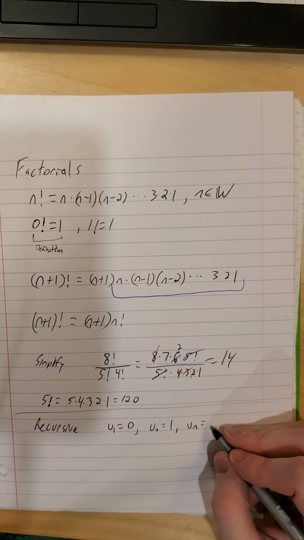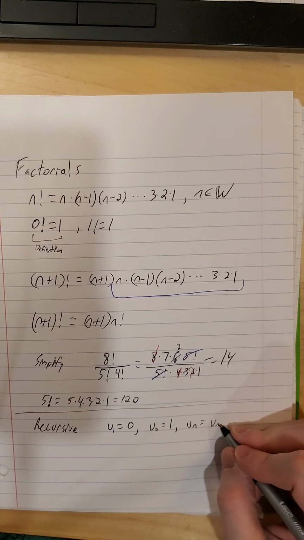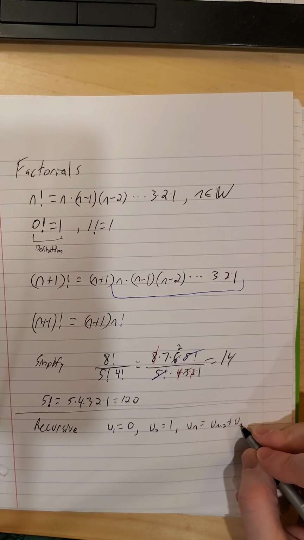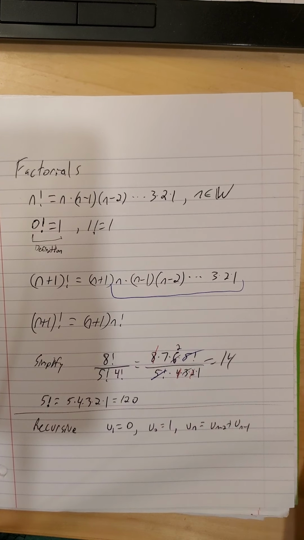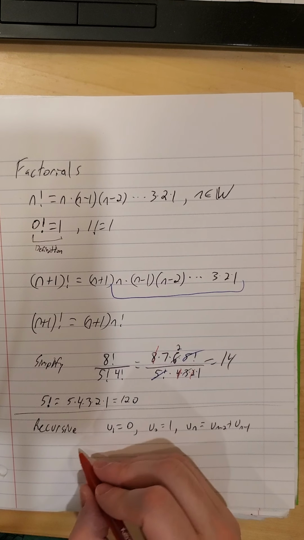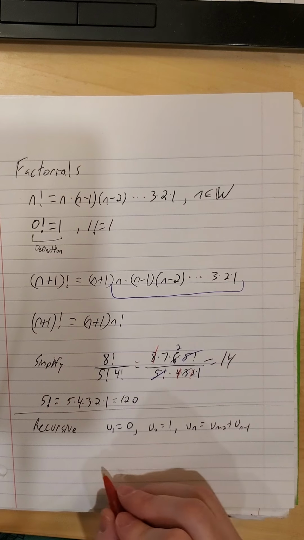So this one will say u sub n is u sub n minus 2 plus u sub n minus 1. So we have all the ingredients defined. Let's say the next several terms.